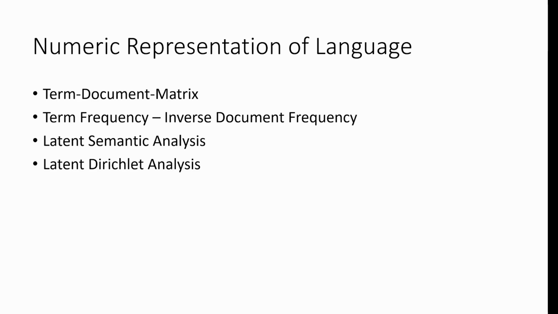And then the next representation, latent Dirichlet allocation. LDA deals with text in terms of understanding documents as a mixture of topics and topics as a mixture of words. And it's a probabilistic model in which words have a given probability they belong to a certain topic.